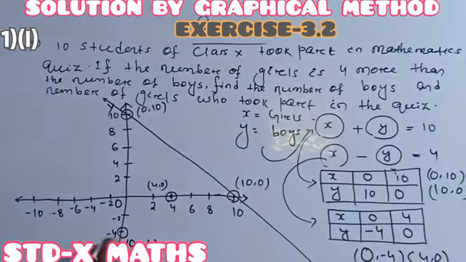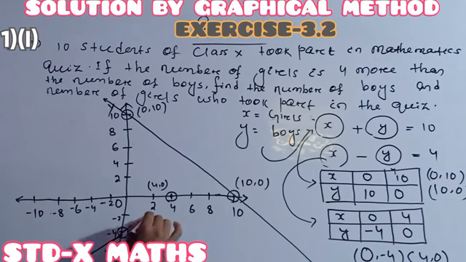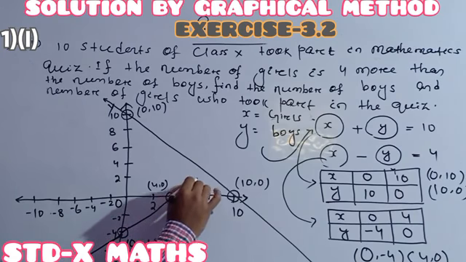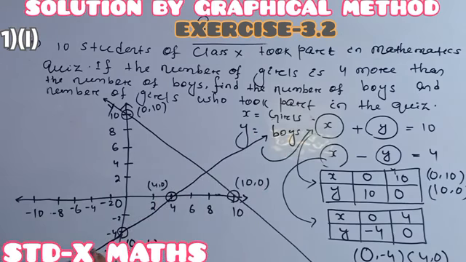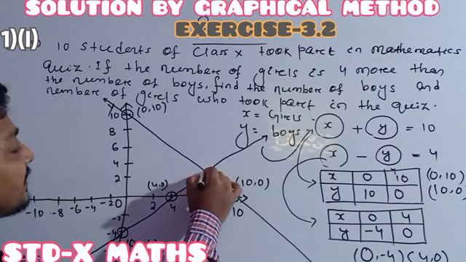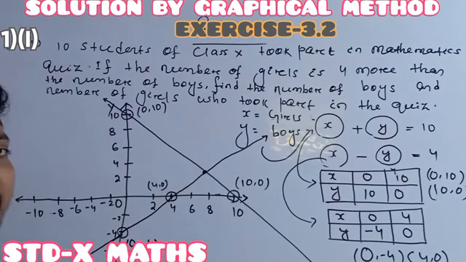So for the graphical representation of our second linear equation, we must join 0, minus 4 with 4, 0, and you just have to extend it. You have to extend both the linear equations in such a way that both of them will intersect each other at a point.